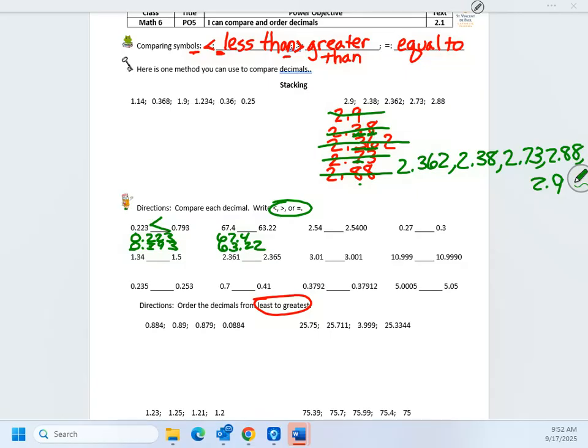Is it greater than or less than? Let me see hands. Maddie? 67.4. Is that greater than or less than? Greater than. It's a bigger number, so I put that greater than symbol.